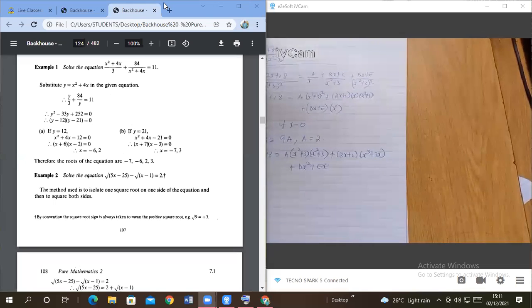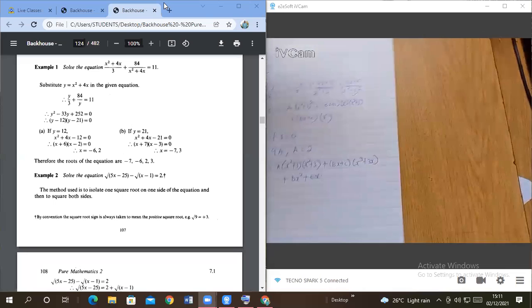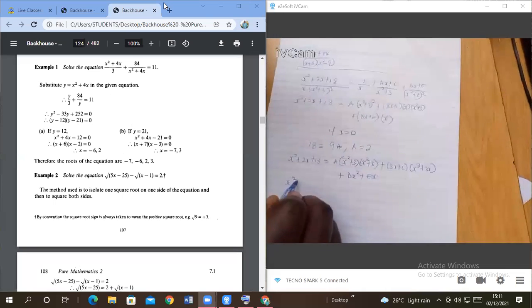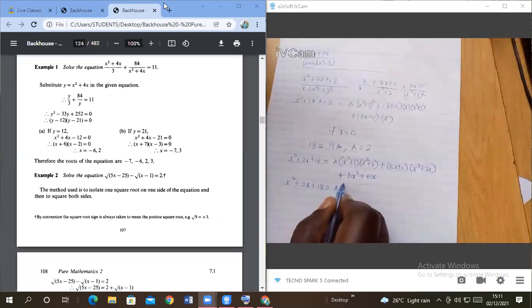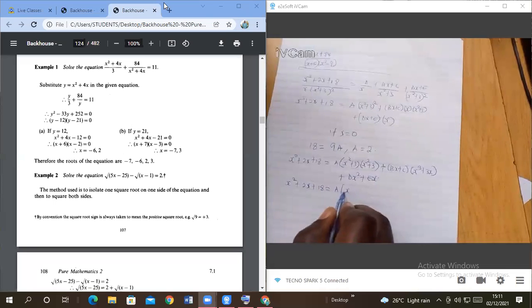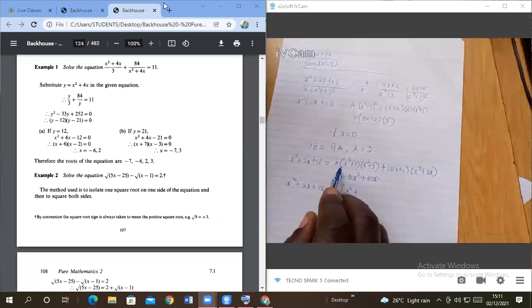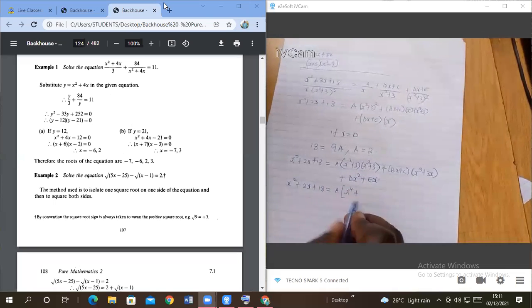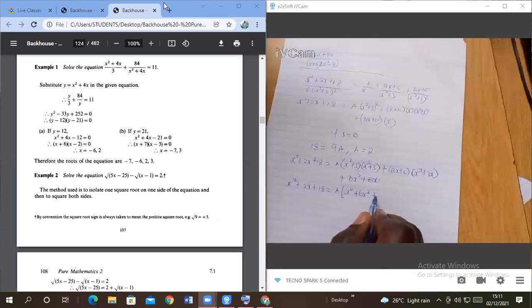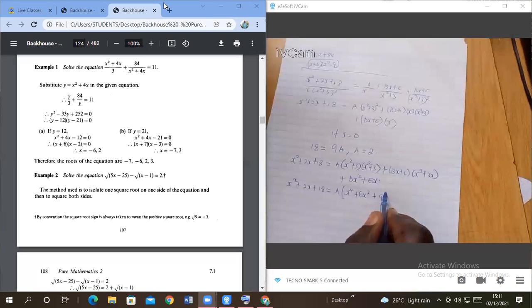We shall have a number of equations, but that shouldn't worry us. So we have x squared plus 2x plus 18 gives us a into, when we expand this, x to power 4 plus 3x squared plus 3x squared, giving us 6x squared plus 9, I think. Is that okay?